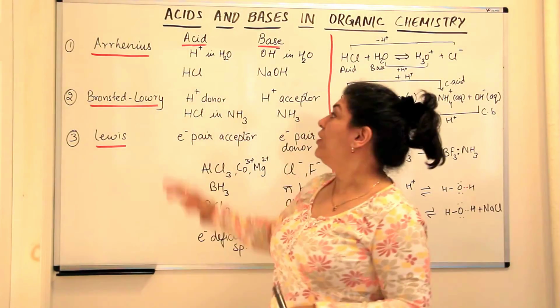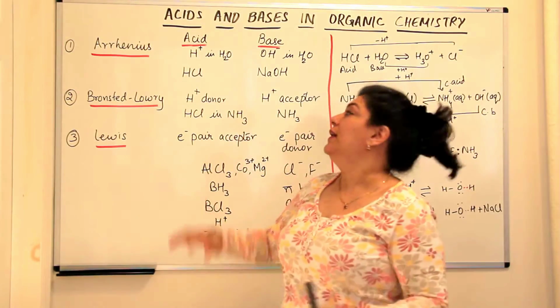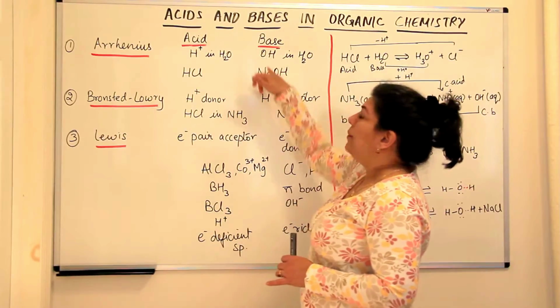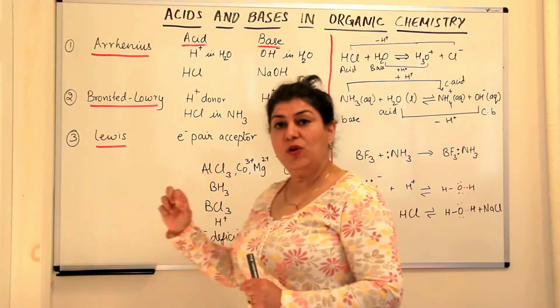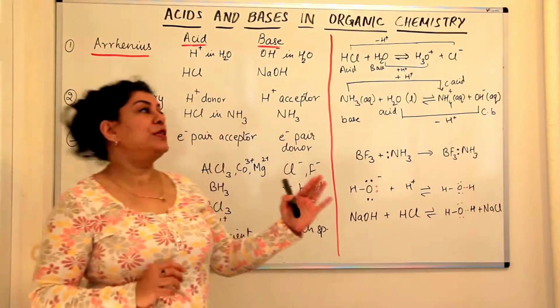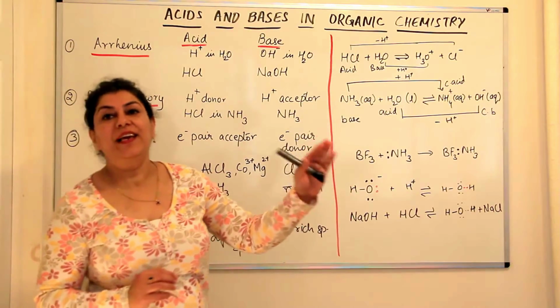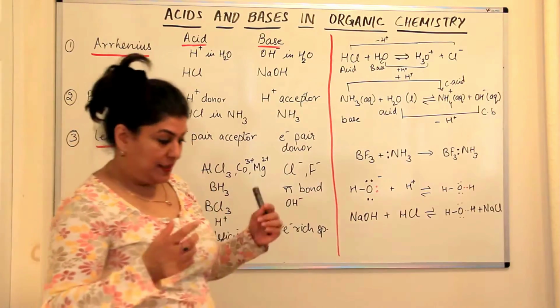Since it is giving H+ in water, HCl is an acid according to Arrhenius. A base, on the other hand, an example is sodium hydroxide. NaOH, when you dissolve it in water, dissociates into Na+ and OH-. And since it gives OH- in aqueous solution, it is a base according to the Arrhenius definition.